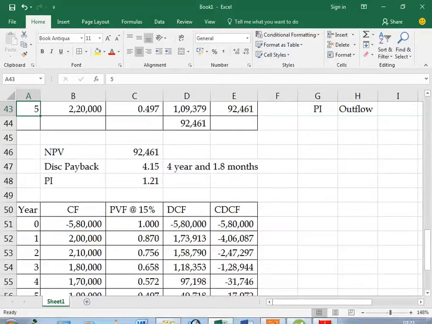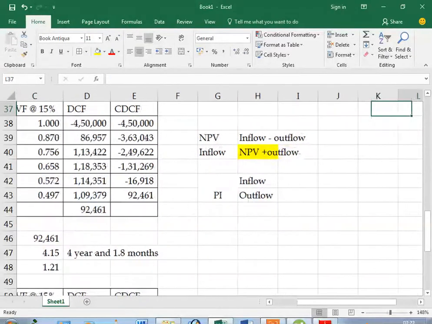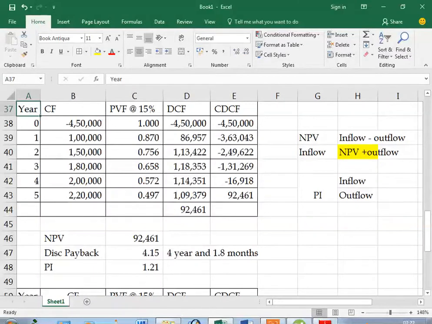Anybody has any doubts in this? Can I go to the IRR part? Okay, now for doing IRR, everyone done with this?